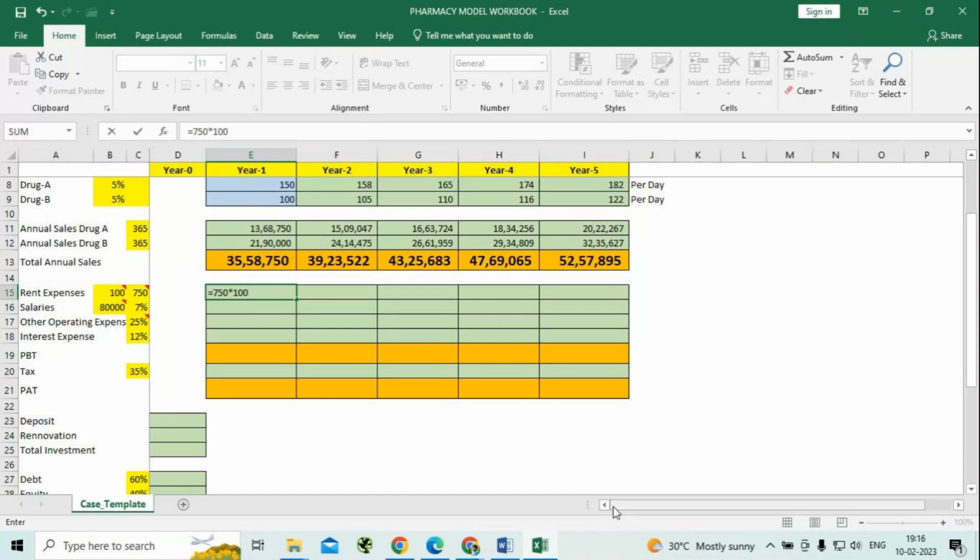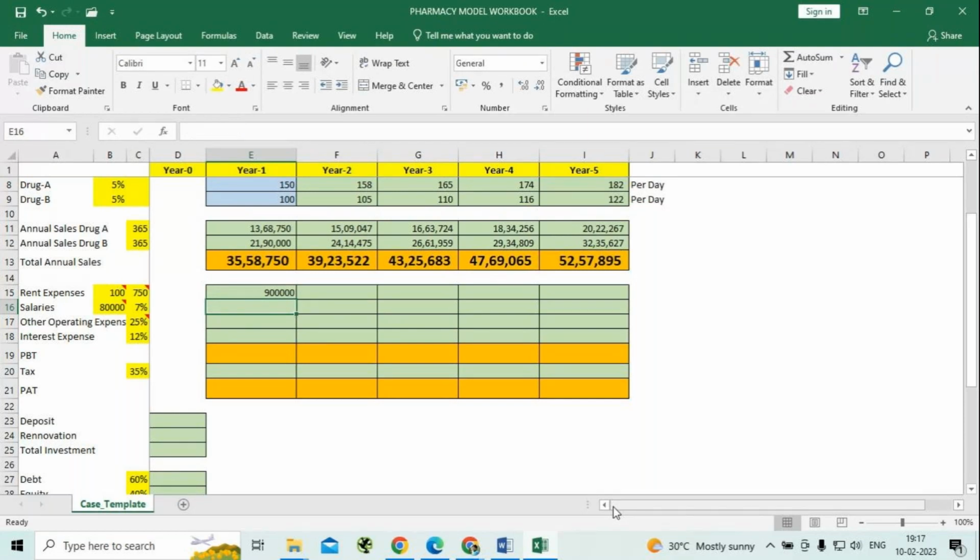This gives you one month of expenses, but we are calculating year wise. So for the total annual rent expenses, it has to be calculated 12 times. Since it is monthly, it is 12 months. So that is 9 lakh rupees we are going to bear.